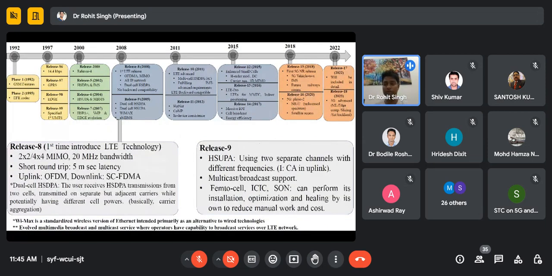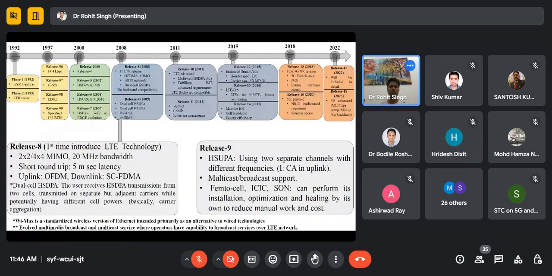Now coming to the fourth generation of communication system. The fourth generation again provides different provisions for an efficient channel access mechanism as well as simultaneous multi-transmission access from base station to the user and vice versa.